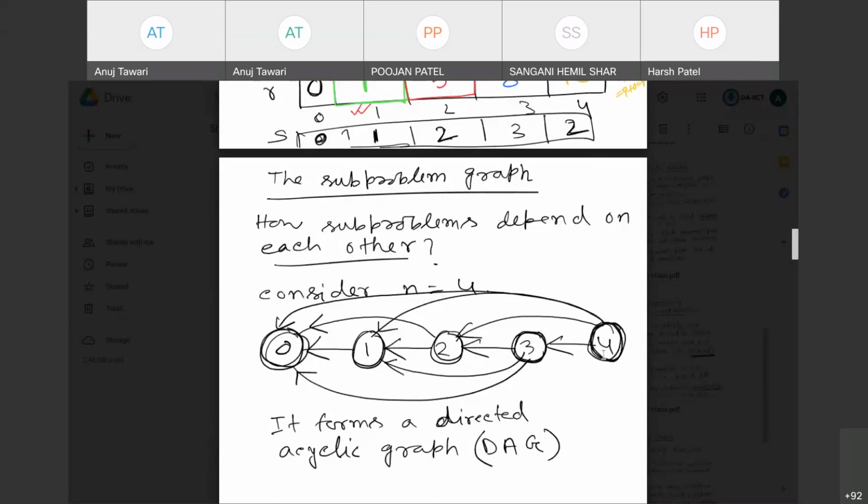Then it will get stuck in an infinite loop because both of them are waiting for each other's solutions. So this is one small drawback: you need to choose these sub-problems very carefully so that you don't get stuck in an infinite loop. That is the only thing you need to be careful of, that the sub-problem graph should be a directed acyclic graph.